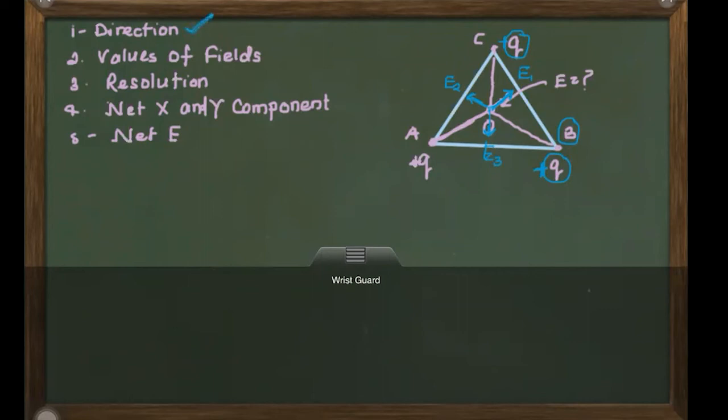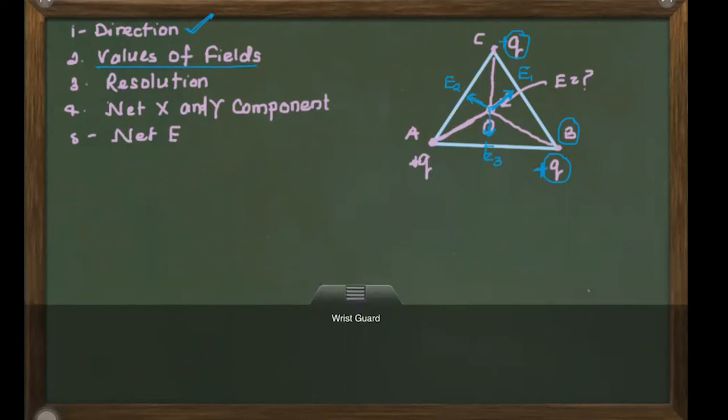Now, we have to find the values of the fields. So when we are going to find the values of the field, we have to write E1 is equal to, let this distance be R. So the centroid of a triangle has the same distance from all corners.